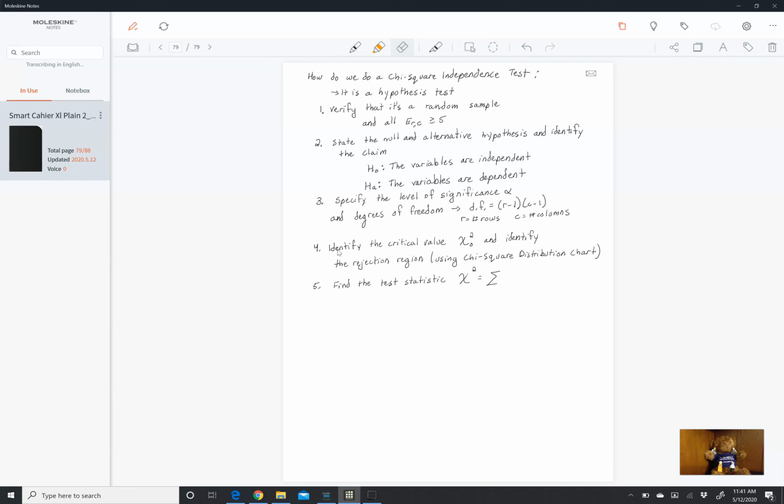So it's the sum of your observed frequencies minus your expected frequency squared over the expected frequency. Like I said, it's exactly the same as what we did in the last lecture. And finally, you're going to make a decision and make a conclusion about the claim.